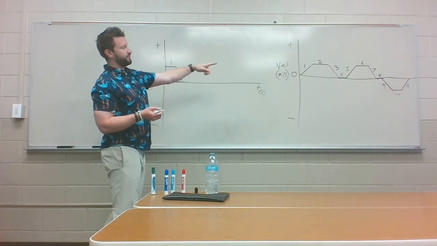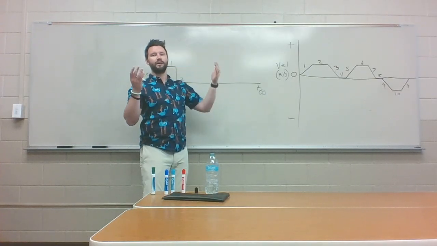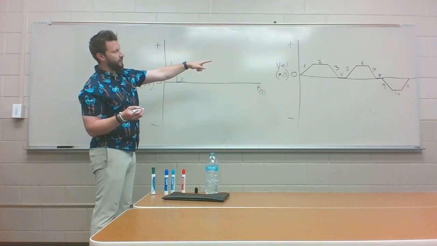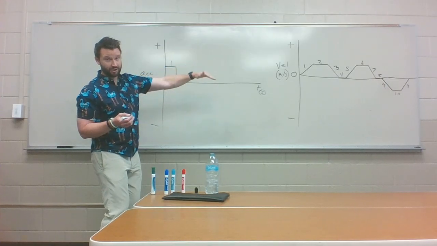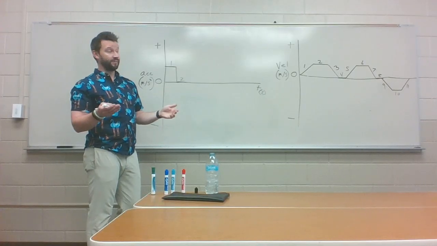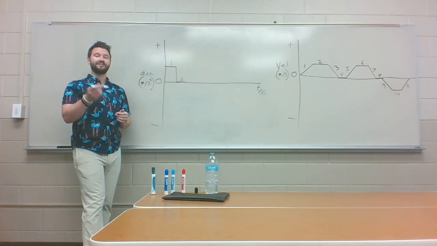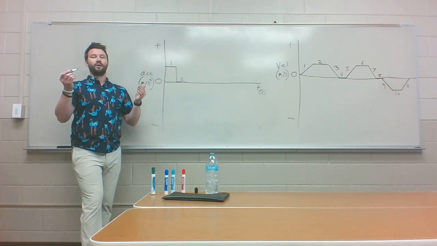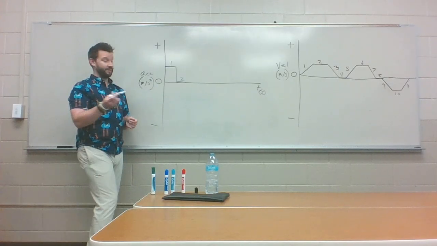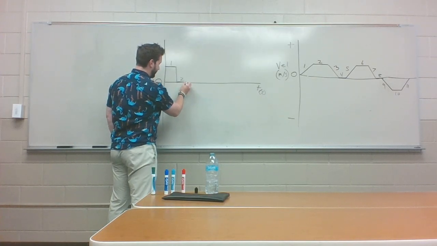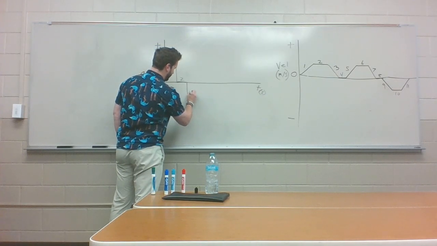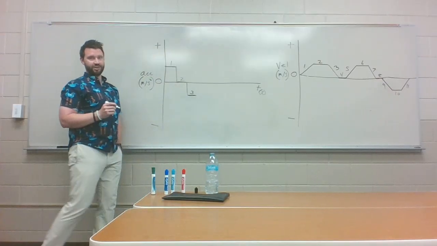Number 3, direction. Top half, positive. So positive direction, doing what? We're getting closer to 0, meaning we are slowing down. Slowing down in the positive direction. What kind of acceleration is that? Negative. So we're going to come down into the negative half and have a negative acceleration.